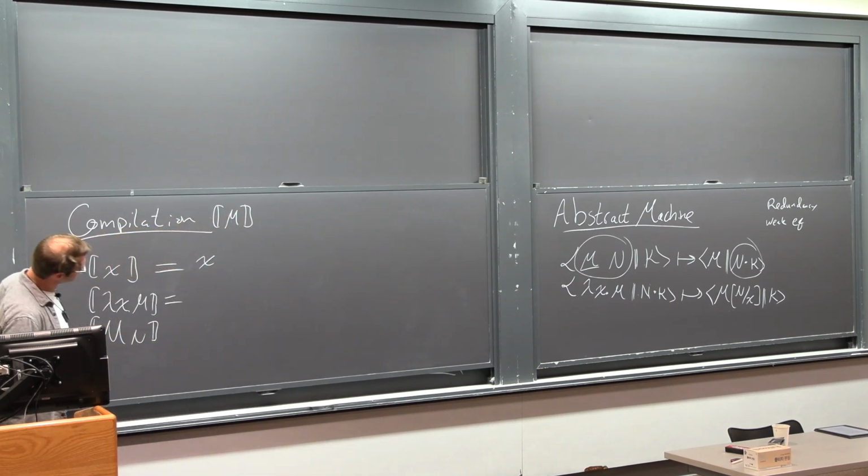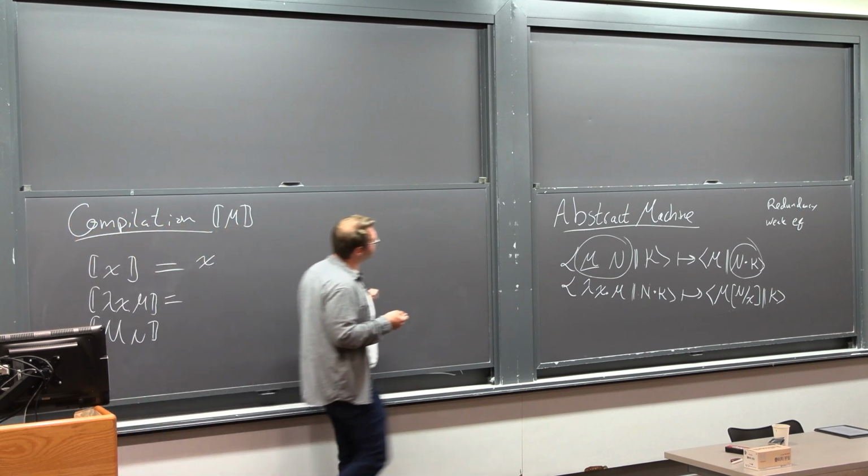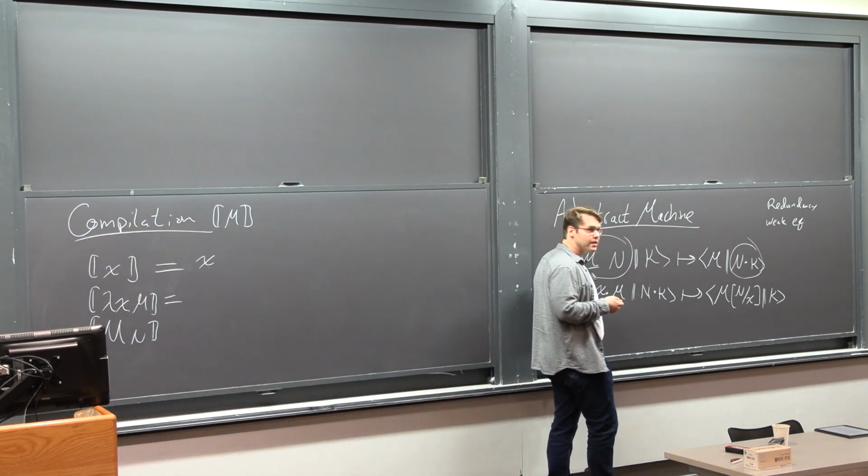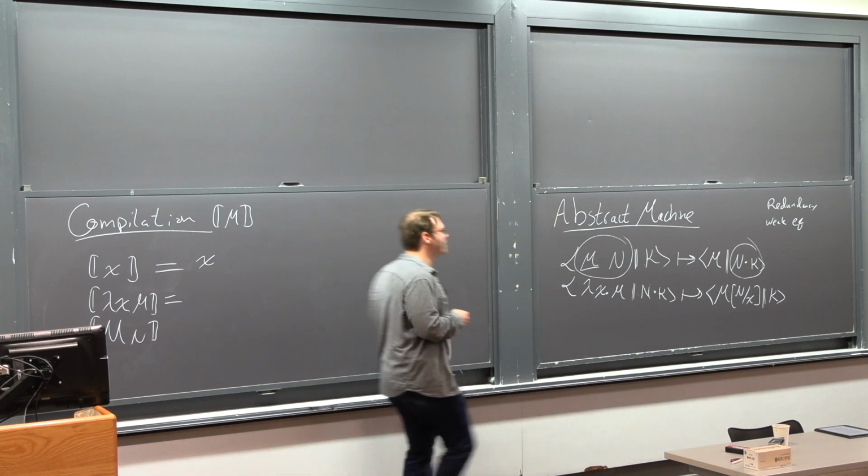Lambdas. What do I do for lambdas? Any idea? I thought I heard a suggestion. Translate the body of the lambda, right? So I want to translate the code in the lambda. But I don't really need to do anything else here because I see it on the left-hand side of this rule. So I'll leave that one alone.